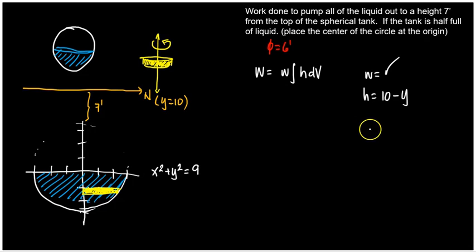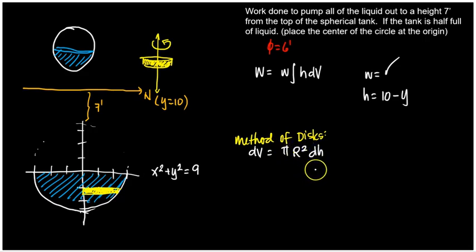And then the thing is, for the dV, this is method of disks, where the dV is basically pi r squared dh. So we need to solve for the r. The r is basically x of the right minus x of the left.